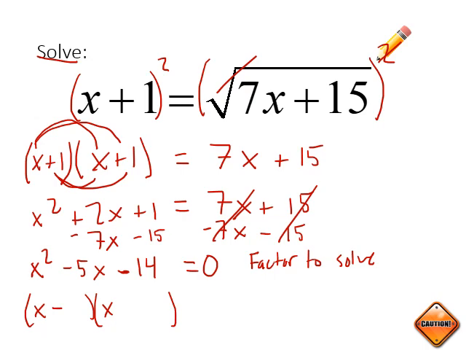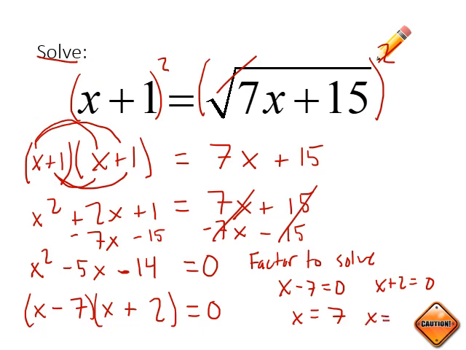The other two factors of 14 are 7 and 2. Negative 7 plus 2 is negative 5, and that works out. Those are my two factors. The last step would be to set equal to 0 and solve. So x minus 7 equals 0, so x equals 7, and x plus 2 equals 0, so x equals -2.